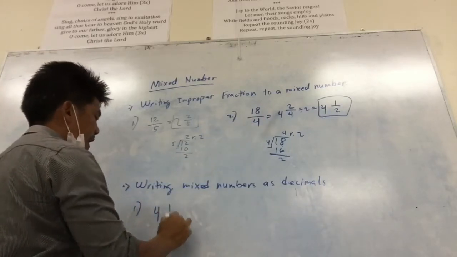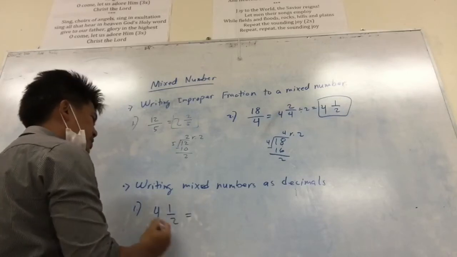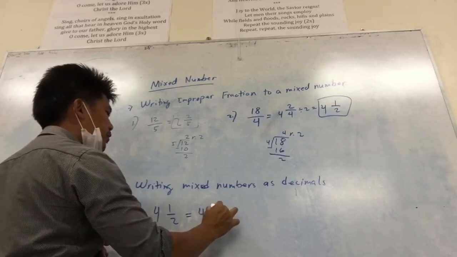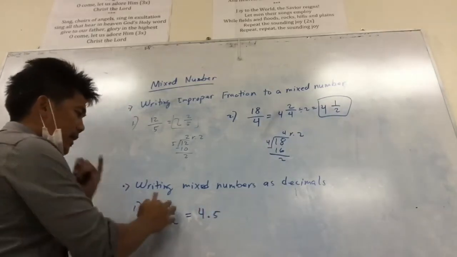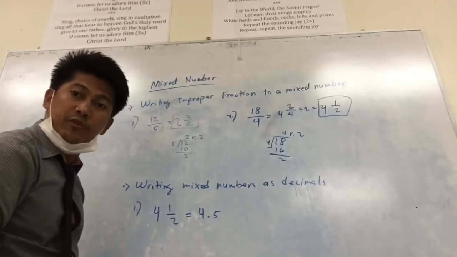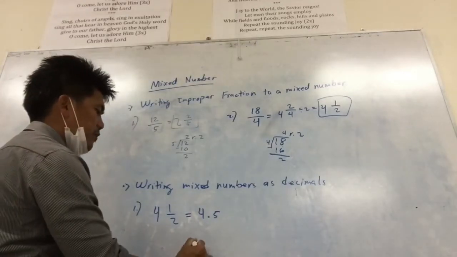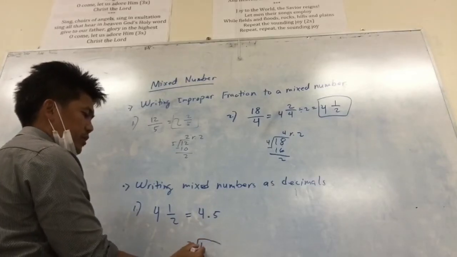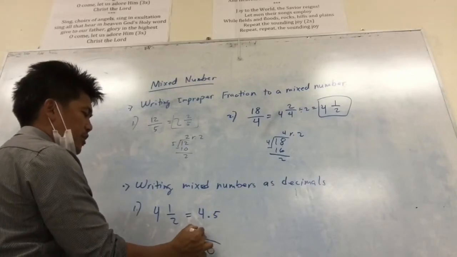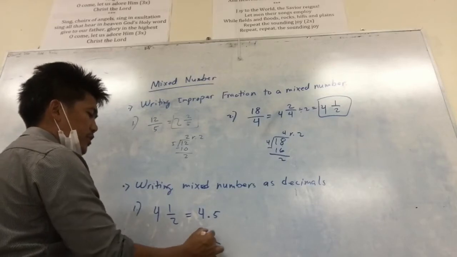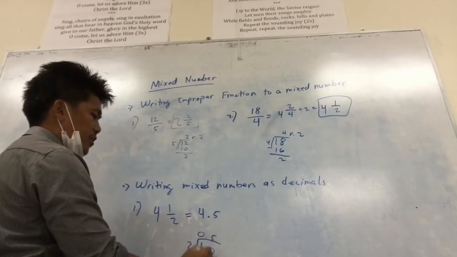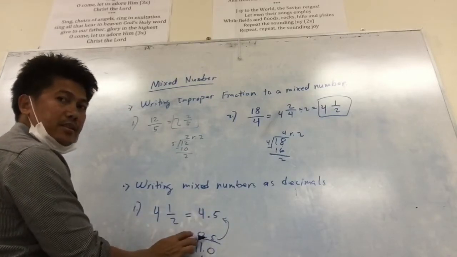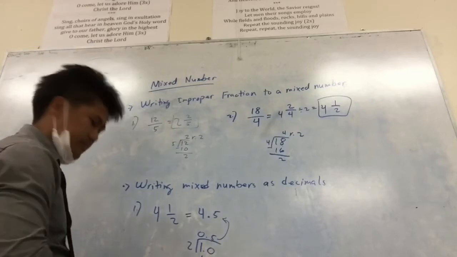You can just simply write this as 4.5 because 1/2 is 0.5. How? You just divide 1 by 2, you have to add 0, so that's 10 divided by 2 is 5. We just copy 4, add this decimal, and you have the answer.